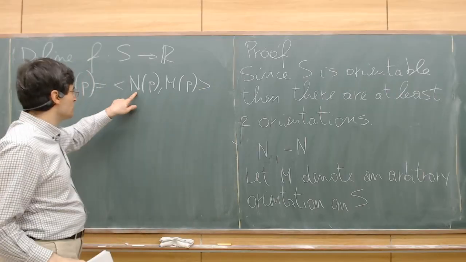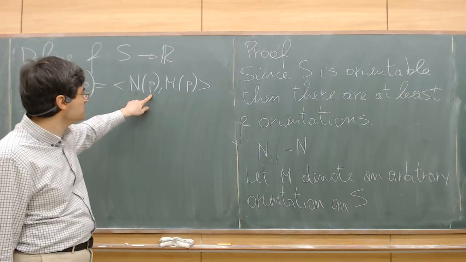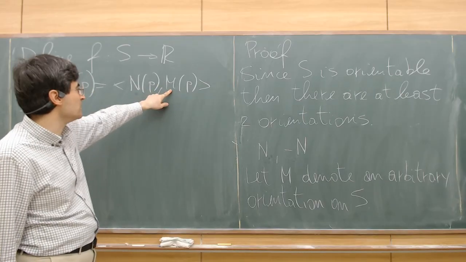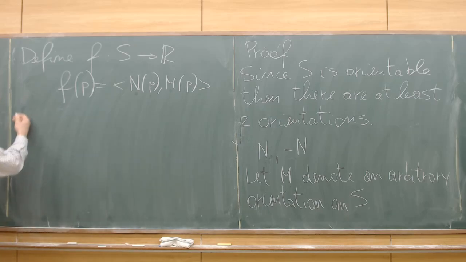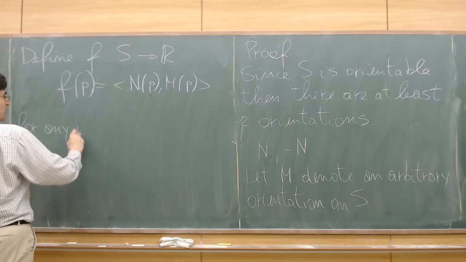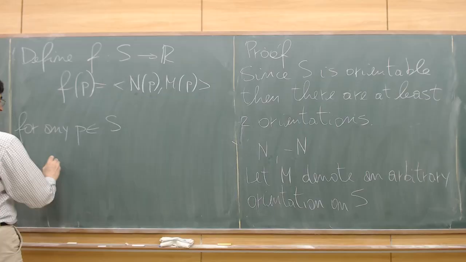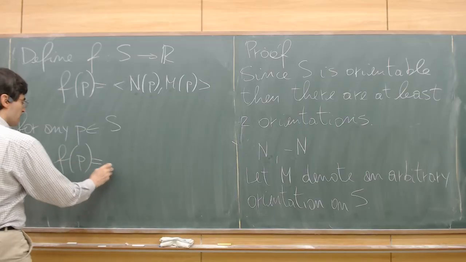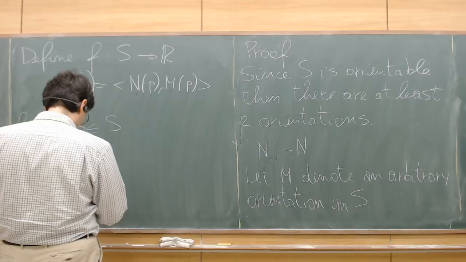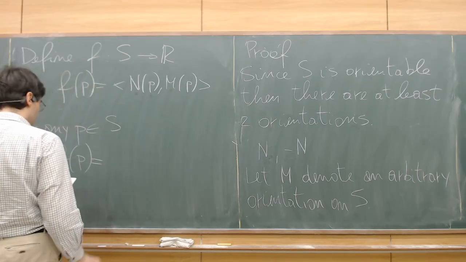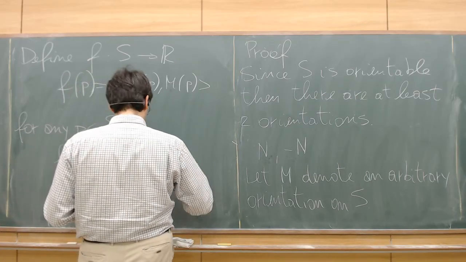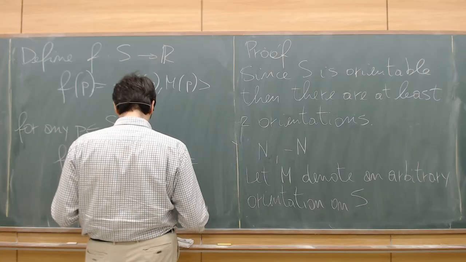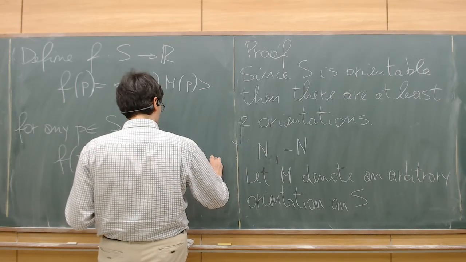So this is the vector field N evaluated at P, and this is the vector field M evaluated at P. For any P in S, you have that F of P is 1 or F of P is minus 1.